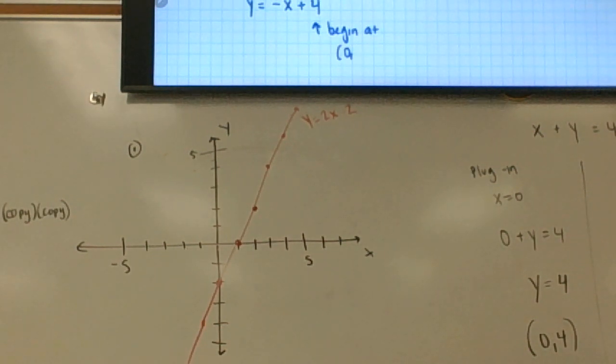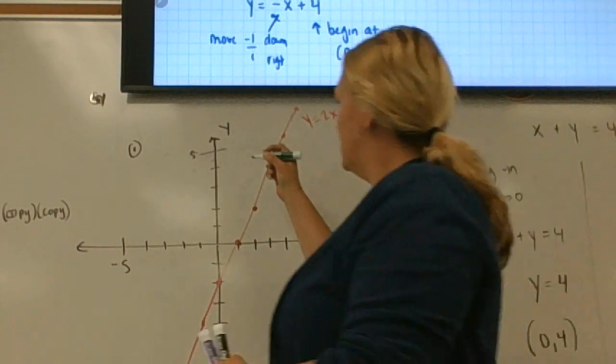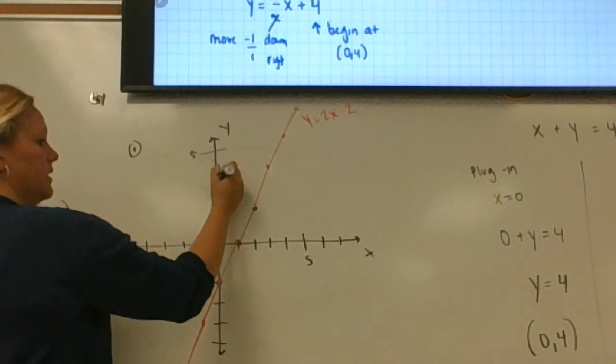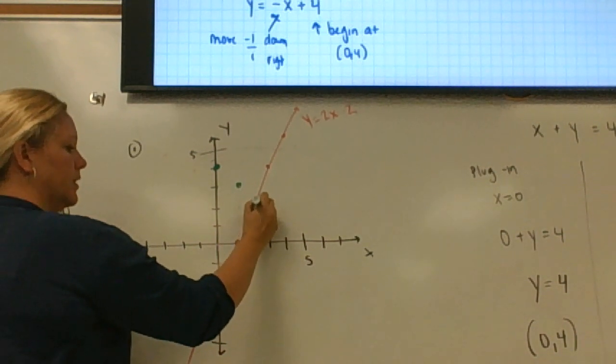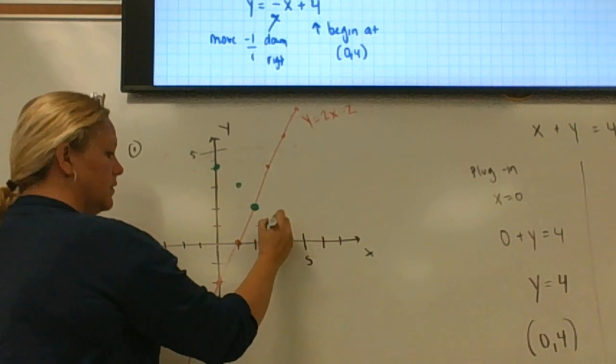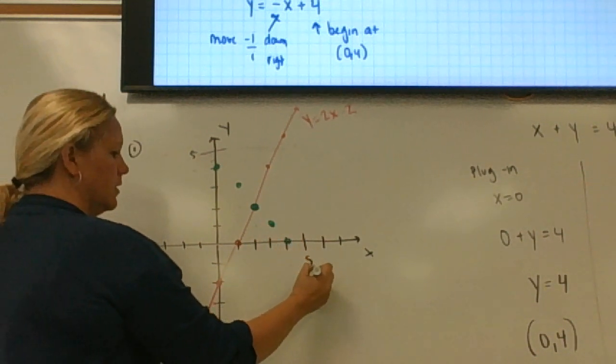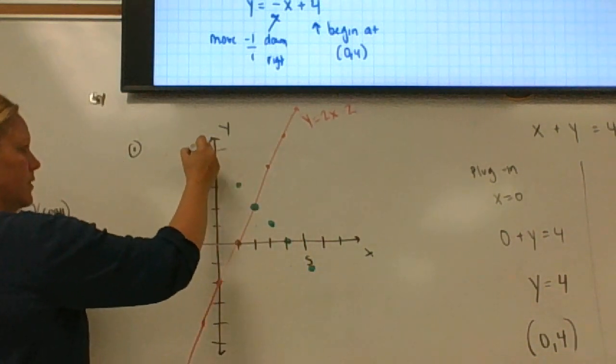I begin at 0, 4, and I move down: start here, down 1, right 1, down 1, right 1, down 1, right 1. And I go the other way, up 1, left 1.